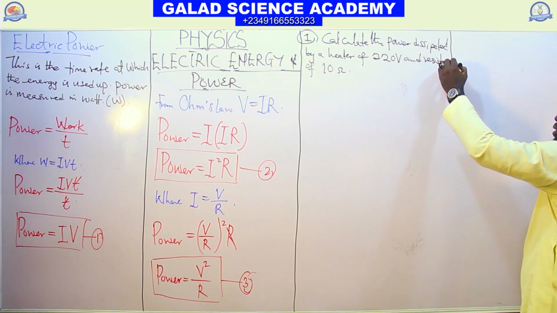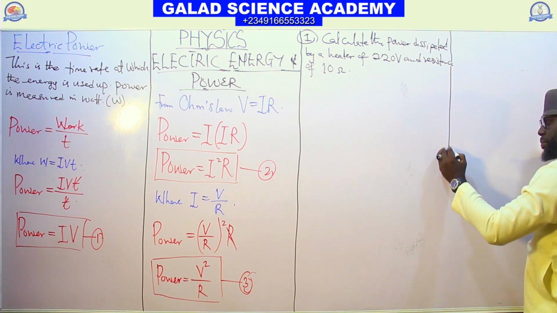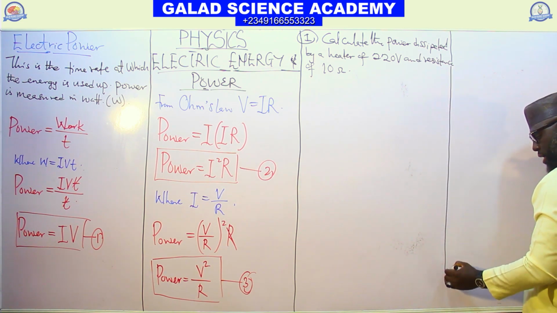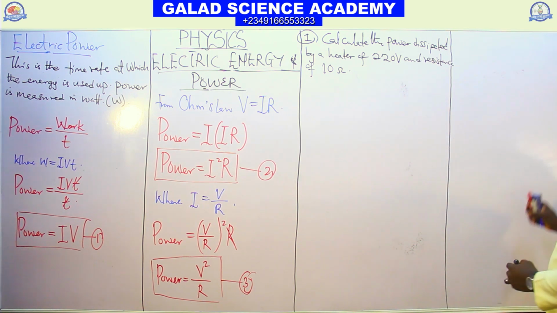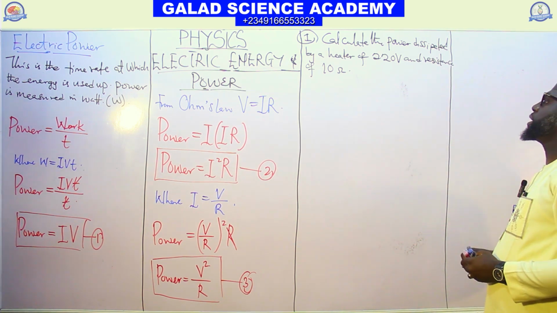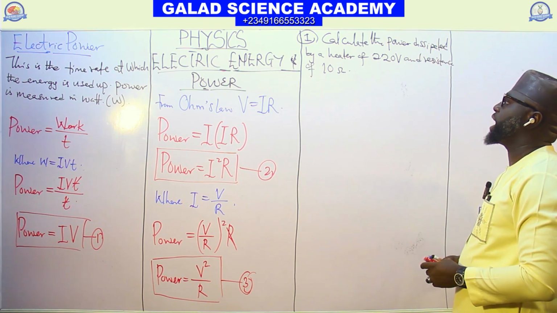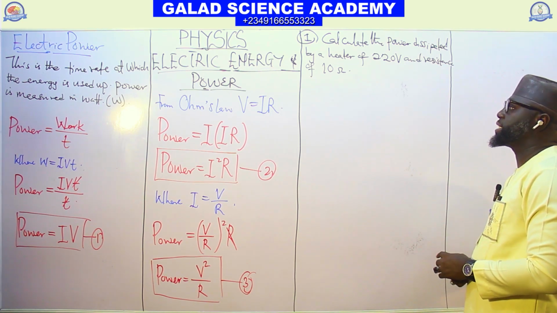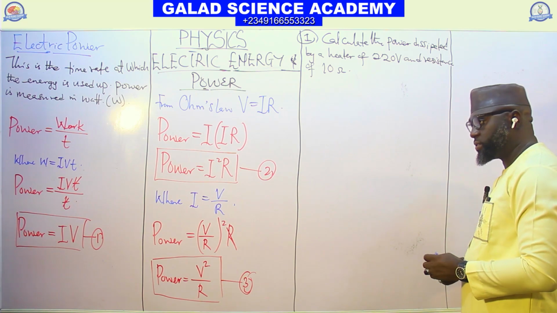We are asked to find the power dissipated by a heater of 220 volts and resistance of 10 ohms.